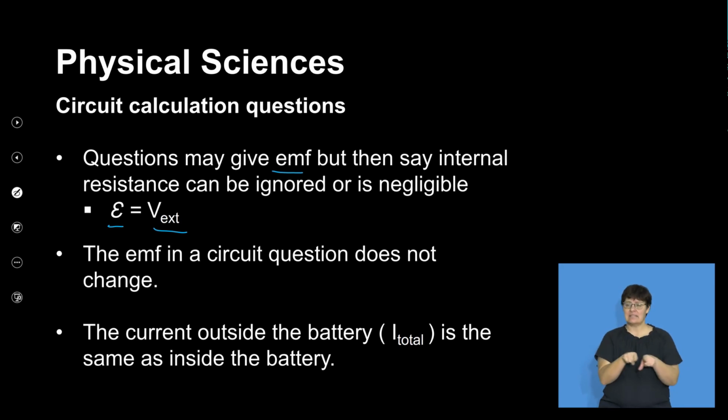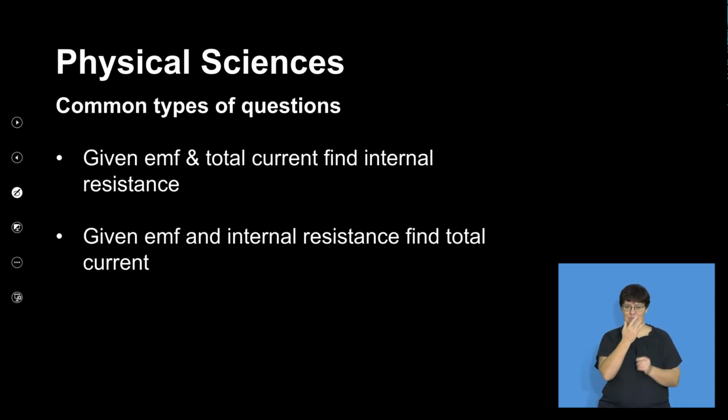However, the EMF in the circuit does not change, and the current outside the battery, which is the main or total current, is actually the same as inside the battery, all right?